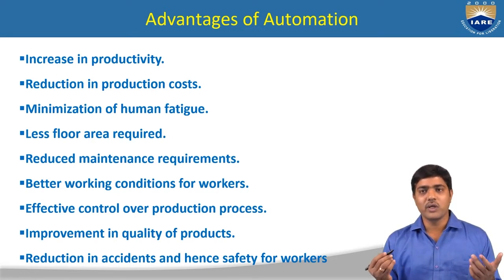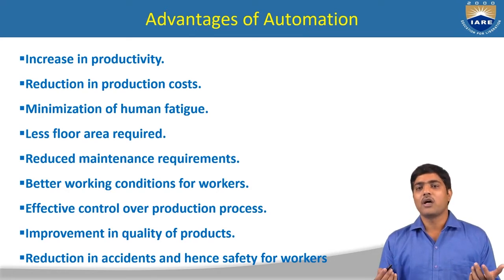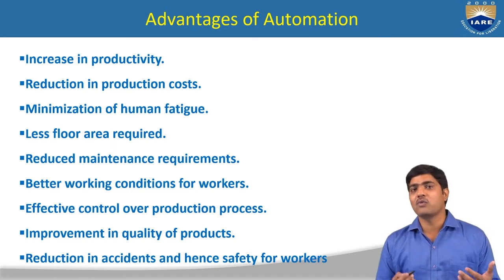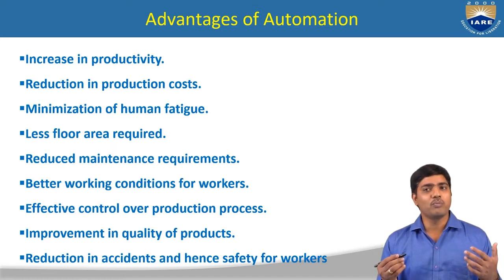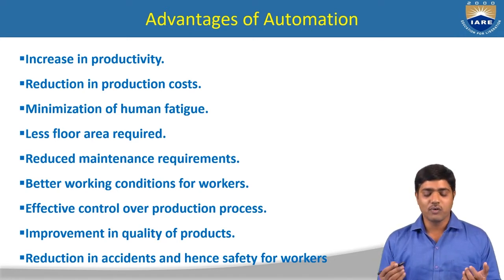So that is going to provide better working conditions for the workers, especially when you are handling a process like a boiler process, where you have to work with high temperature, and places like hazardous places. So when you are automating such places, that will provide better working conditions for the workers.